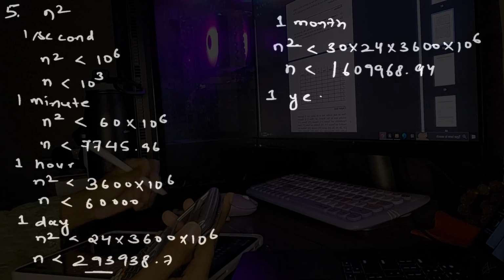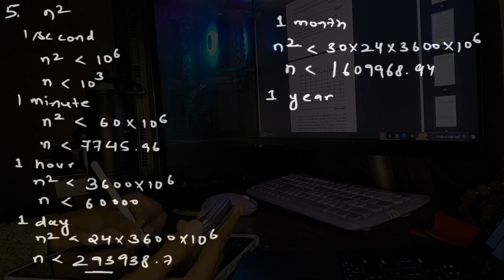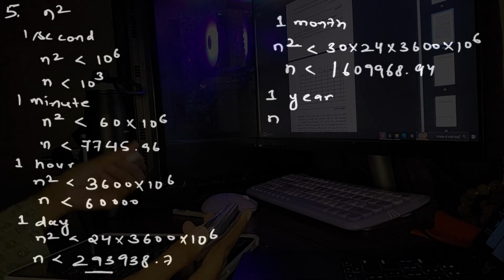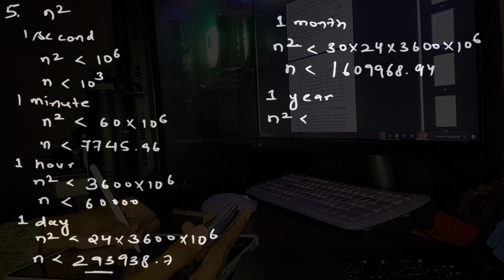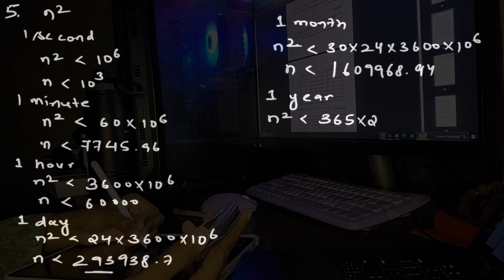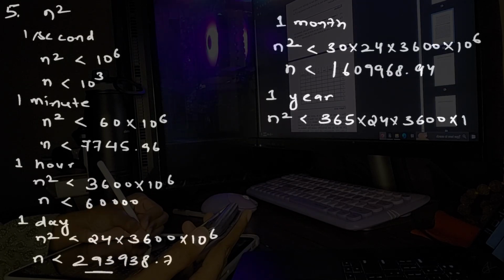Now in 1 year, taking 30 into 12 would lose days, so we'll pick it up from days and do 365 into 24 into 3600 into 10 to the power of 6.